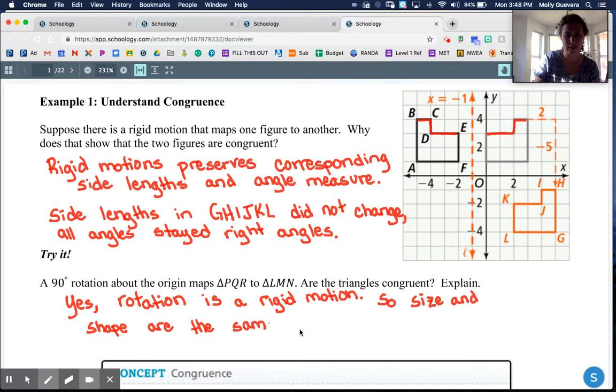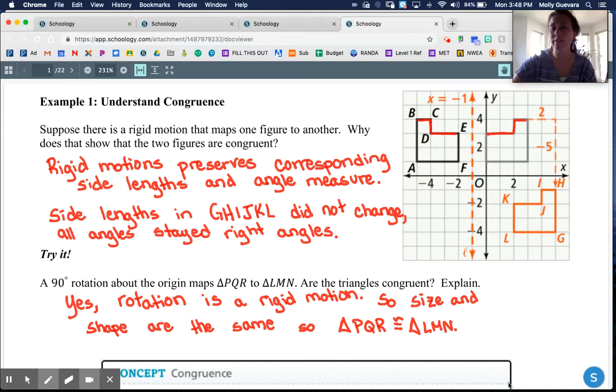Right? So size and shape are the same. So triangle PQR is congruent to triangle LMN. So even without drawing it, even without knowing what the triangles look like, it doesn't matter. I know that they are the same because if I rotate something, it does not change.